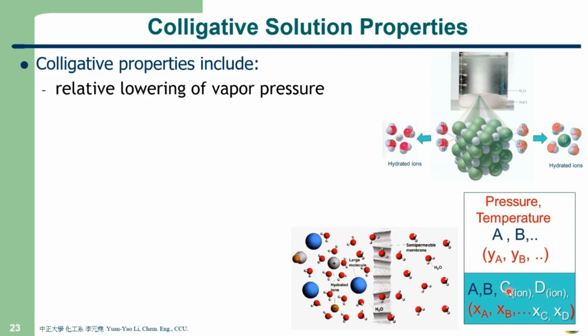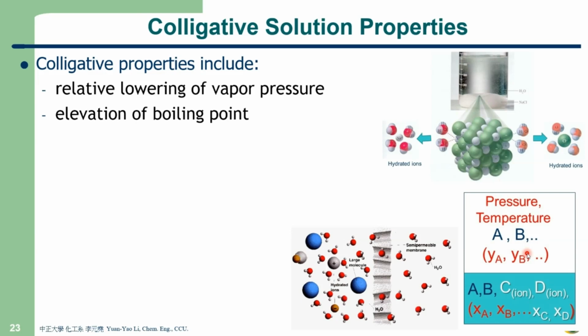So the vapor pressure will be lower. The more sugar you put into this solvent, the lower the vapor pressure you will have. The higher the concentration of sugar or salt in this solvent, the lower the vapor pressure. So you change the gas phase.